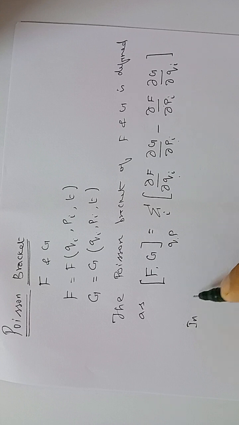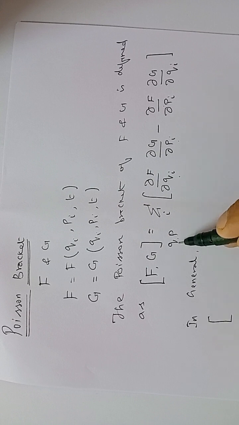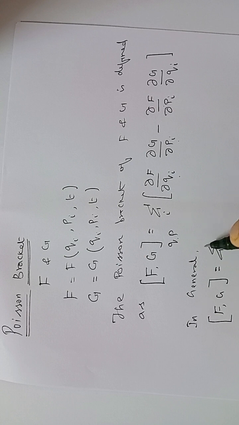In general, you may cut this q and p, because it depends upon q and p, but it is not necessary to write q and p in the suffix. Here you see i is a subscript, not a suffix.